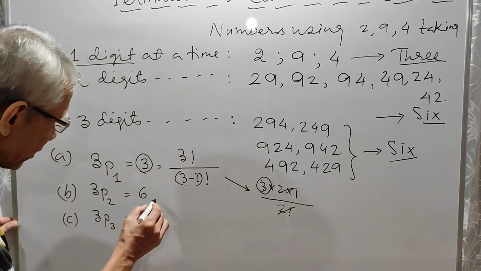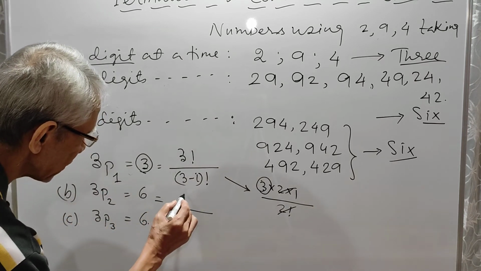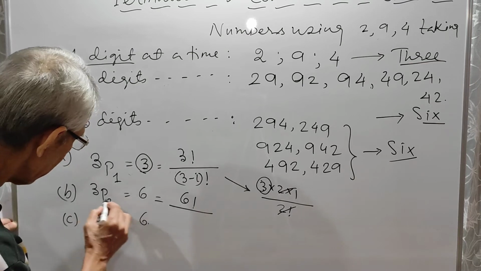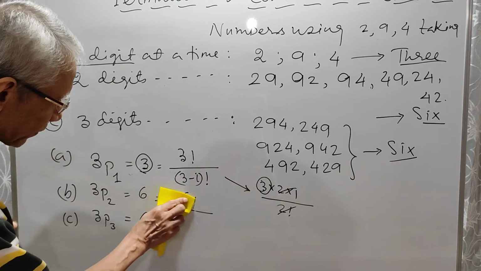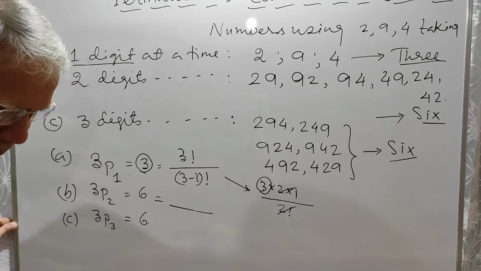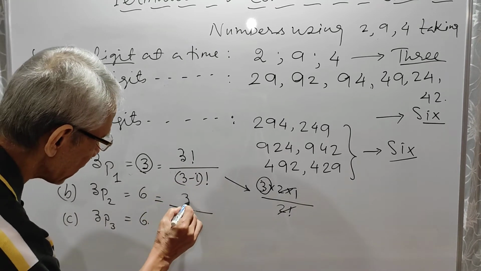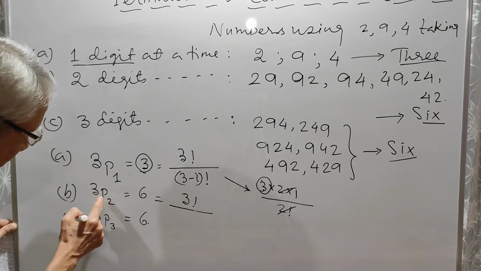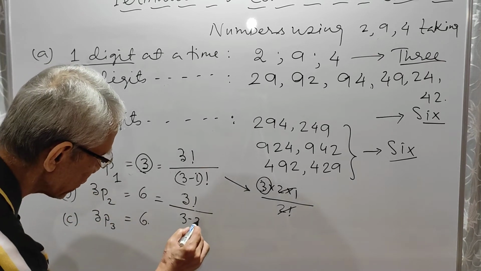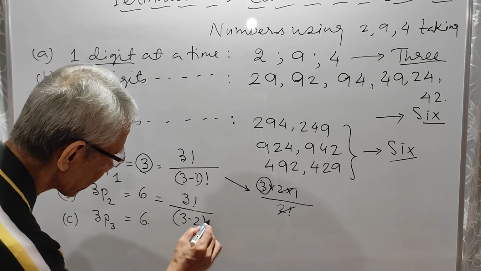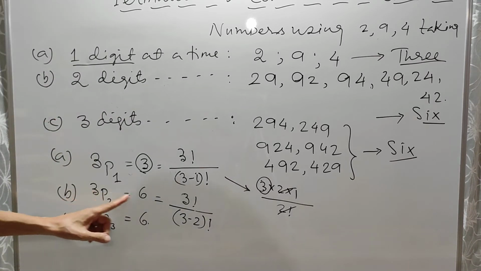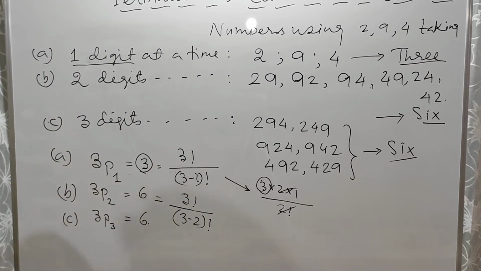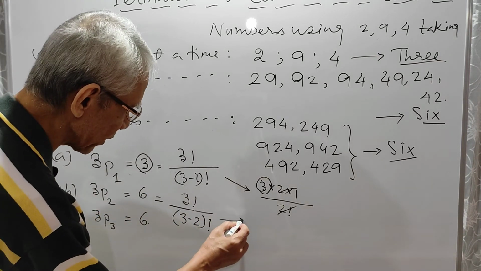Similarly, this 6 can be written as 3 factorial by 3 minus 2 factorial. You calculate this and see, you will get 6. So let me show you.